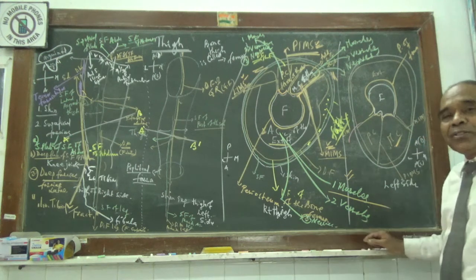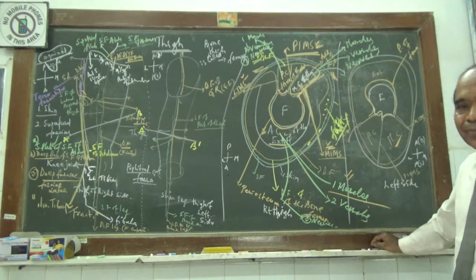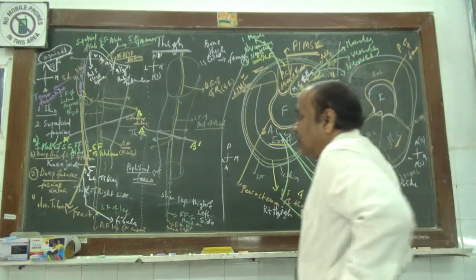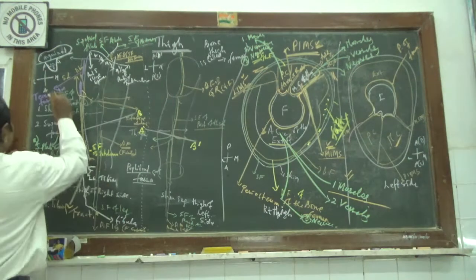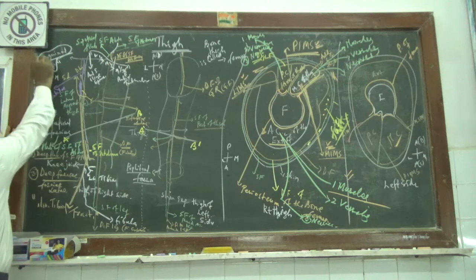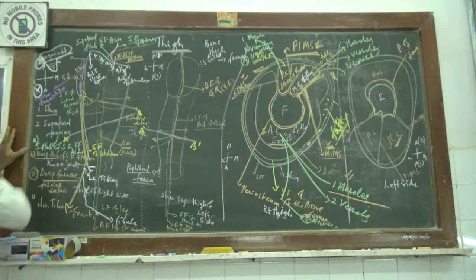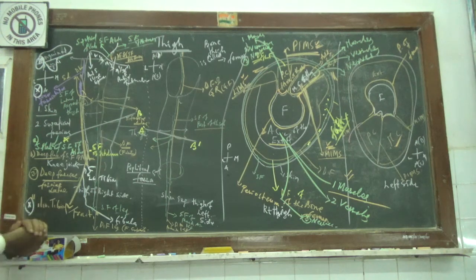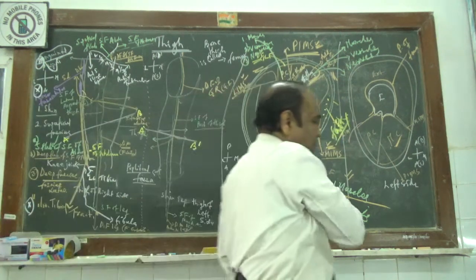So this is what you have understood. You have understood the tensor fasciae, you have understood what the inguinal ligament is, and you have understood the iliotibial tract with all those things.